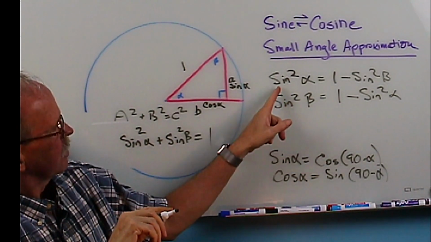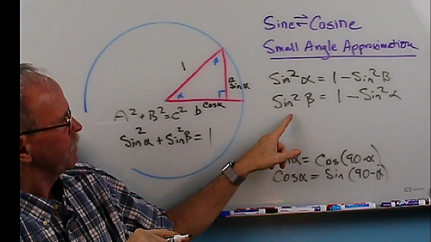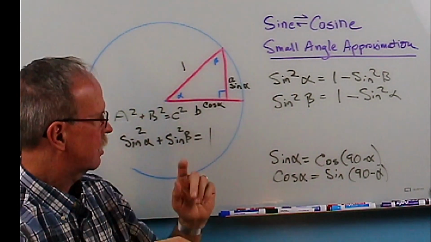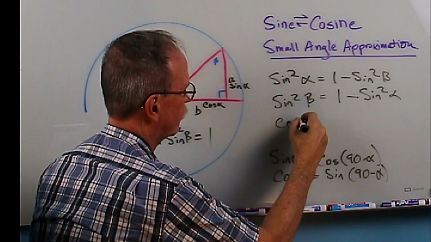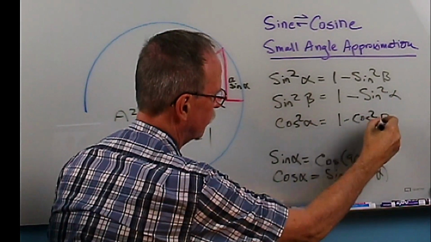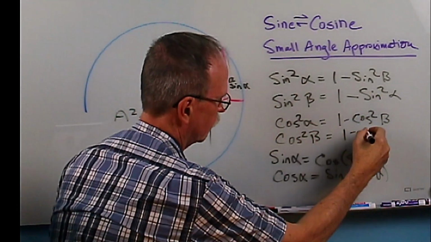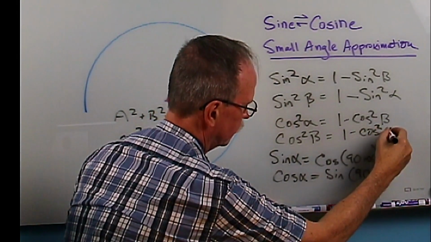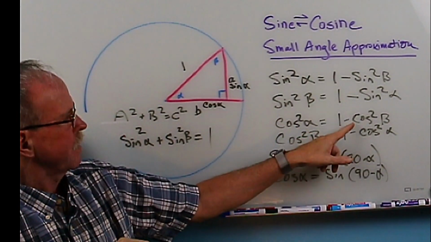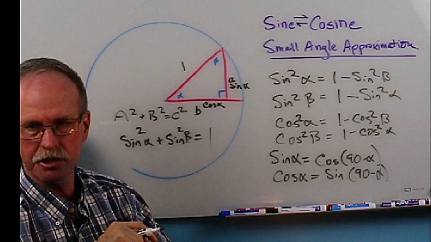So, sine squared alpha equals 1 minus sine squared beta. Sine squared beta equals 1 minus sine squared alpha. Likewise, we can say that cosine squared alpha equals 1 minus cosine squared beta. Cosine squared beta equals 1 minus cosine squared alpha.